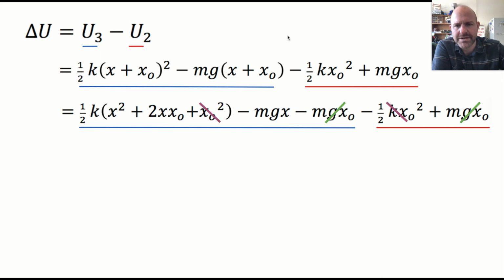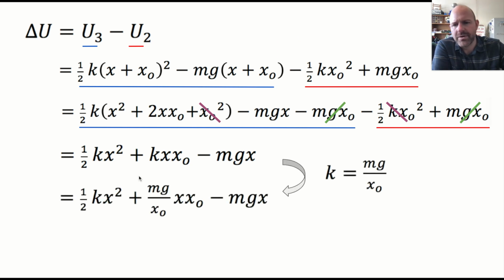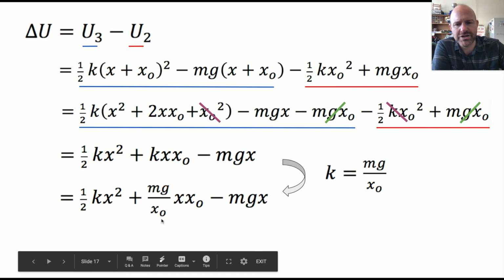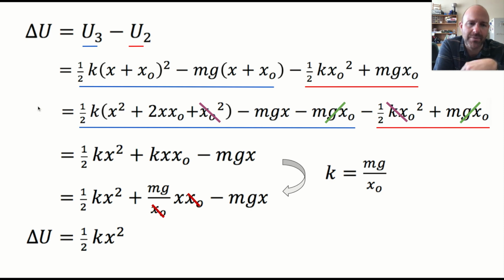It cancels out. The x naught squareds cancel out as well. And you end up with this relationship, which if we think about what k is equal to, we end up with 1/2 kx squared plus mg over x naught times x naught, and so on. Those cancel out again, and we're left with the change in potential energy is just 1/2 kx squared, where x is the amount by which it is displaced and doesn't really care about the initial position.